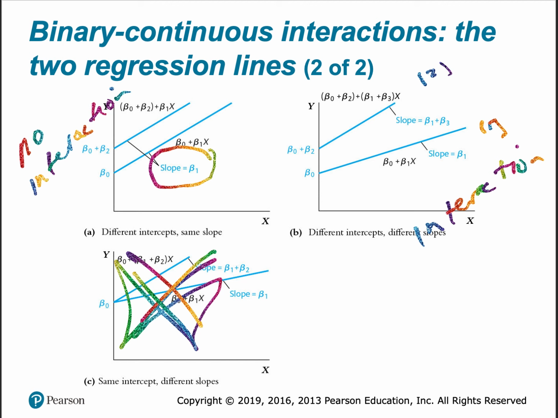So we typically include any variables that are in an interaction by themselves in the regression.